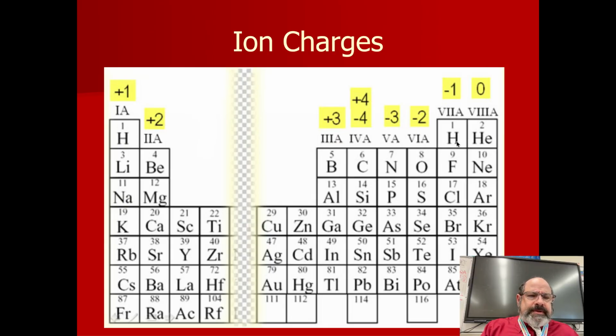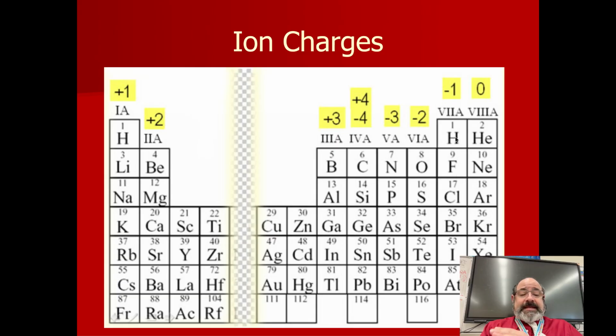And what's hydrogen doing there, troublemaker? He's over there as a +1 and over here as a -1. What the heck is he doing? Well, if hydrogen lost an electron like a metal, it would be in the front as a +1. If it gained an electron like a nonmetal, because remember hydrogen is more of a nonmetal based on its electronegativity, it belongs on this side, it gets a -1.